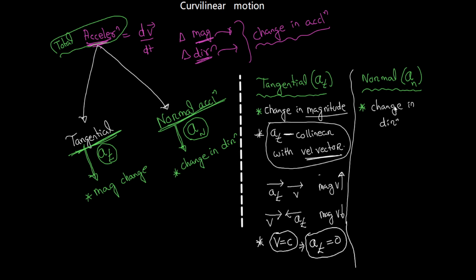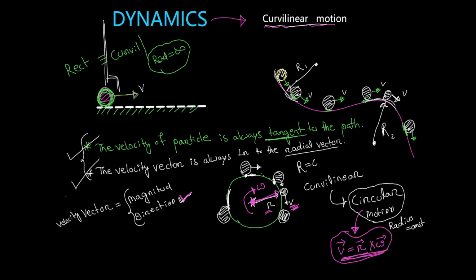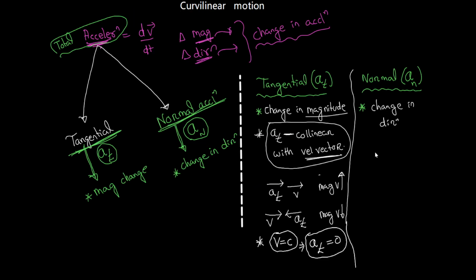The normal acceleration is responsible for change in direction. The second one will be the direction. I will write the normal acceleration, a_n. The normal acceleration is always directed along the radius of the curved path.